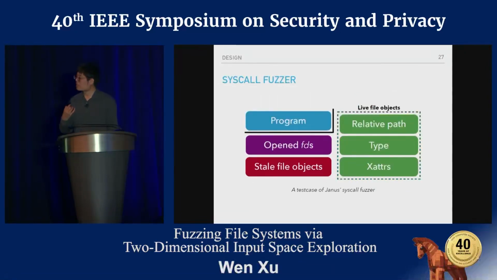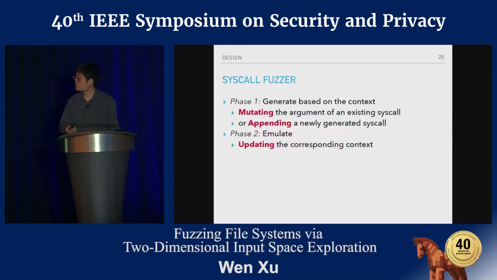And here are the details of our syscall fuzzer. This shows the composition of one test case. Not only including the program, we also save the open file descriptors and the stale file objects, and also the concrete information of all the live file objects after executing the program at runtime, we assume, including their paths, types, and extended attributes.